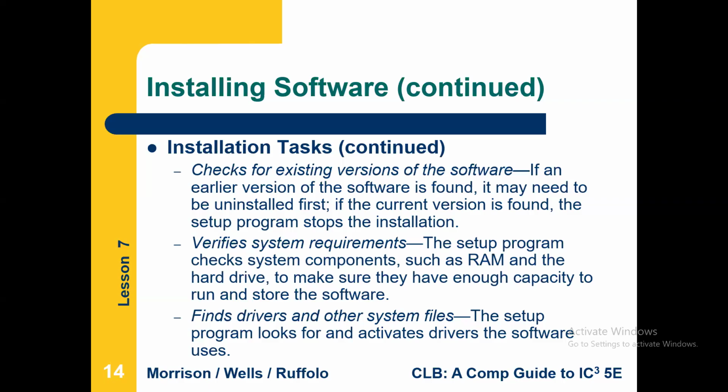During that stage, that is where it goes and finds the driver. Most times, some of these drivers are found online, so sometimes they'll ask you to be online before you try to install. If you are not online, then you have to manually install that particular driver before the installation will continue from there.